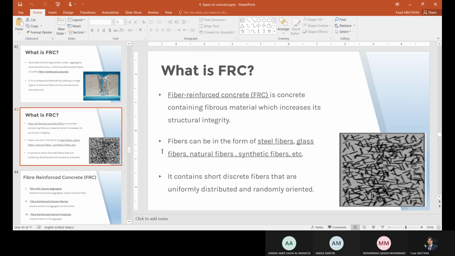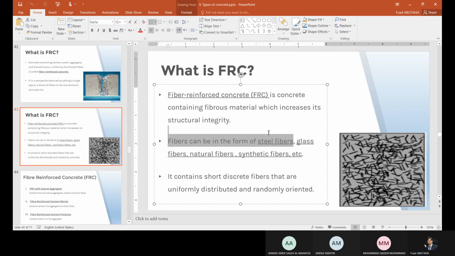Fiber can be in the form of steel fiber, glass fiber, natural fiber, synthetic fiber, and we have other types of fiber that can be used inside the mix. It contains short, discrete fibers that are uniformly distributed and randomly oriented inside the mix.